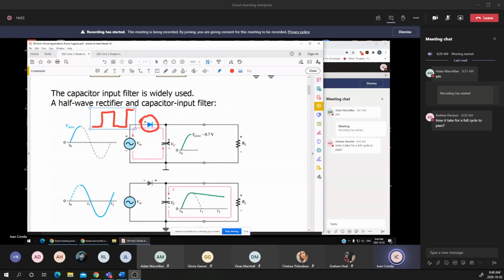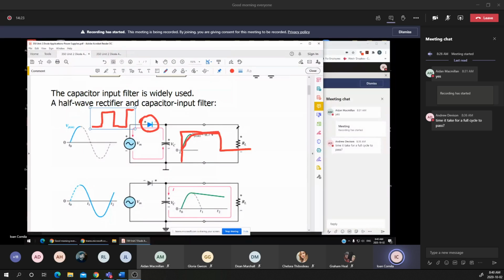What does a capacitor do? If you remember in ELE205, we did the lab with the step voltage, and we have the charging time.